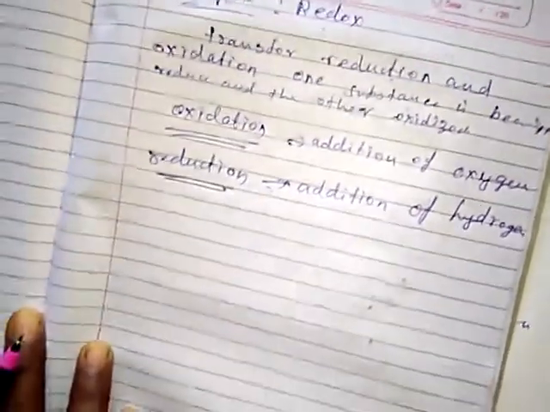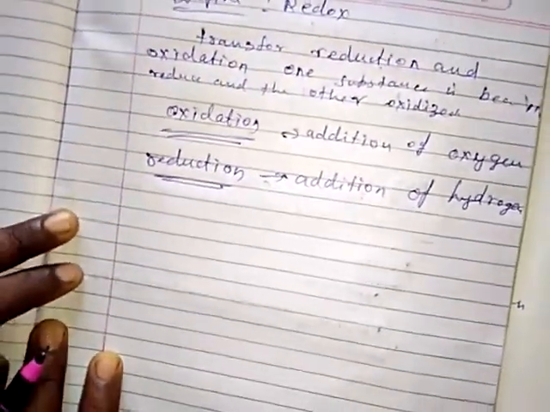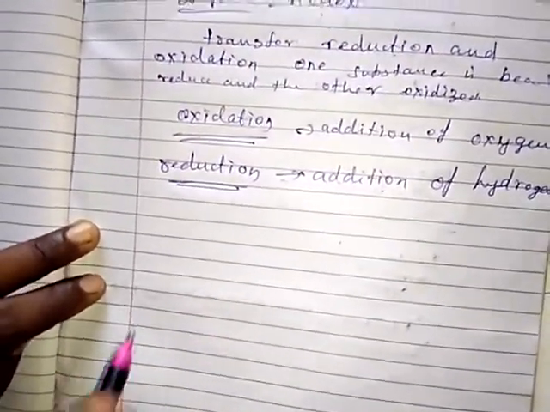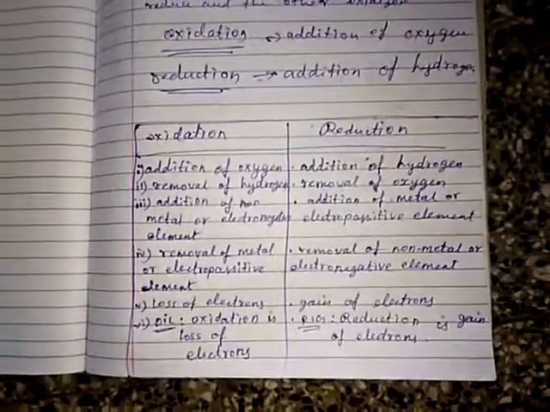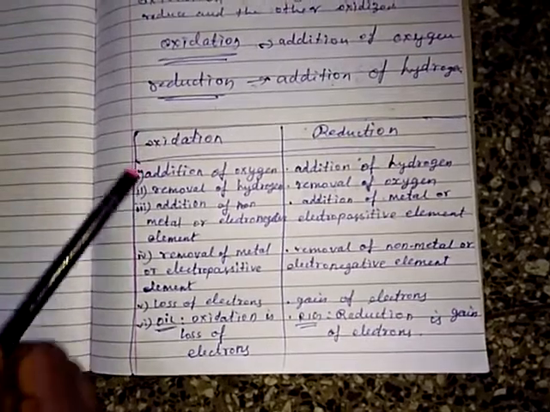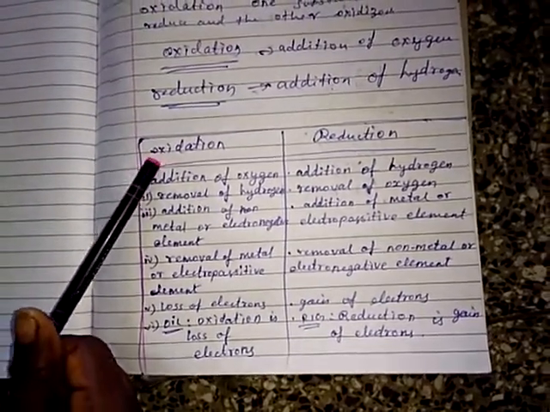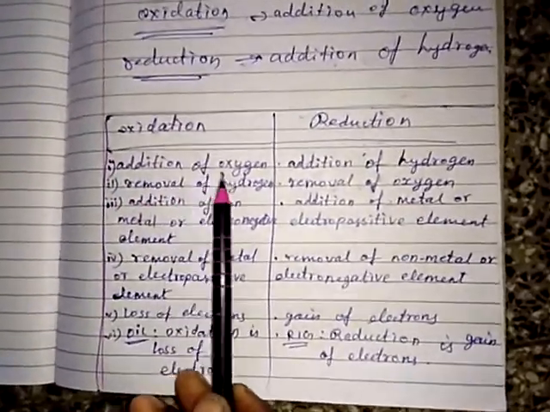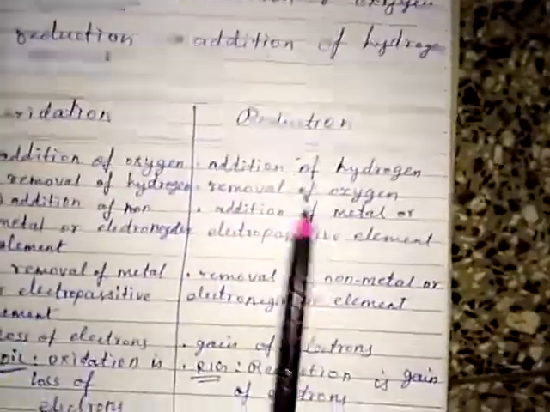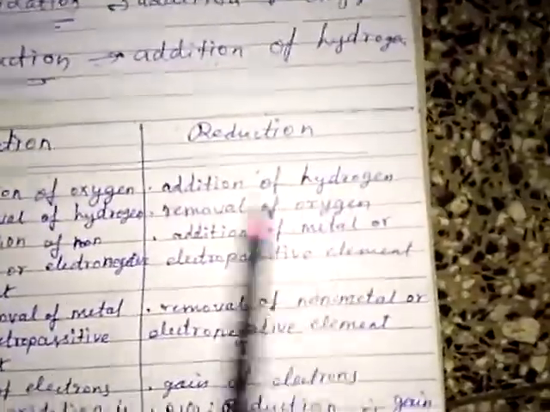So now let's make a table, oxidation versus reduction. Let's see the differences between oxidation and reduction. First point, oxidation is addition of oxygen, similarly reduction is addition of hydrogen.